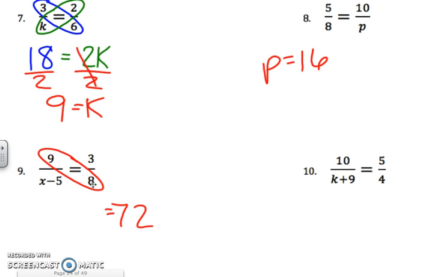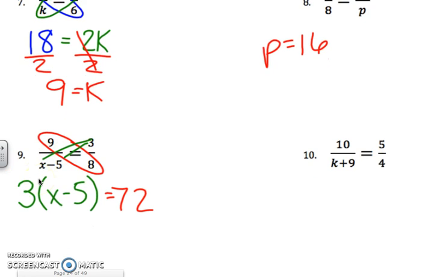Doesn't really matter. So now, when you've got 2 terms, you need to make sure that 3 gets multiplied to the x and that 3 gets multiplied to the negative 5. So the most common way we can write that is I want 3 to be multiplied by everything on the bottom. So that's going to be our distributive property.